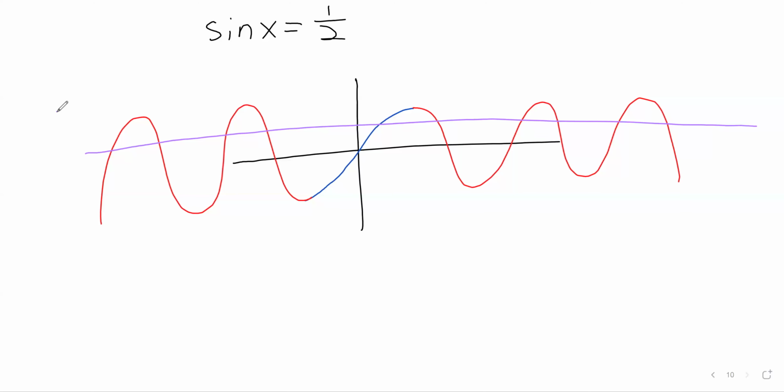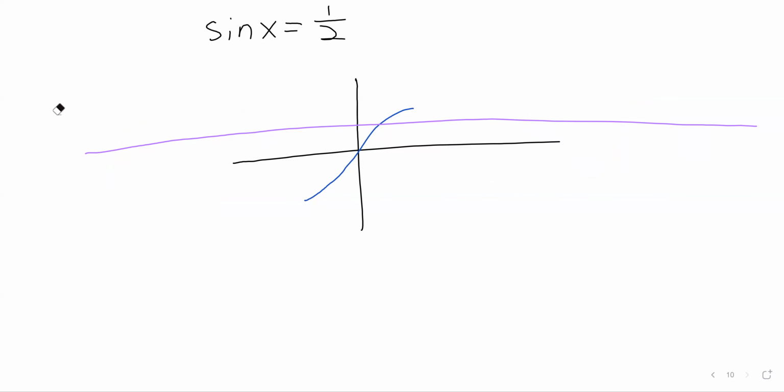But in order to solve this equation, we can take the sine function and restrict it on this interval where it is invertible, and we can define the inverse on this interval. And then using the inverse, we can find a solution to sine of x equals 1/2.